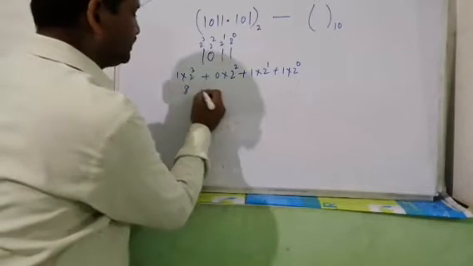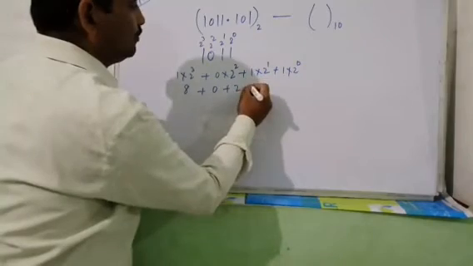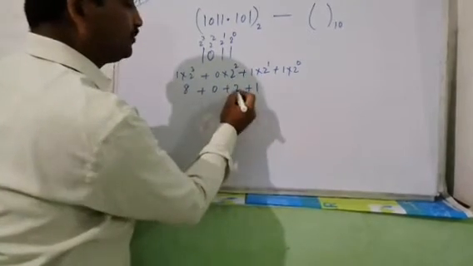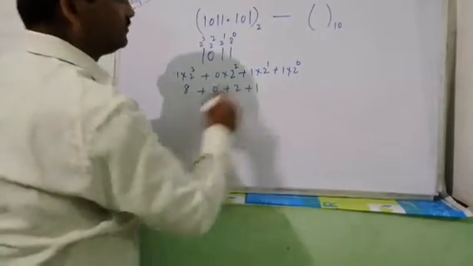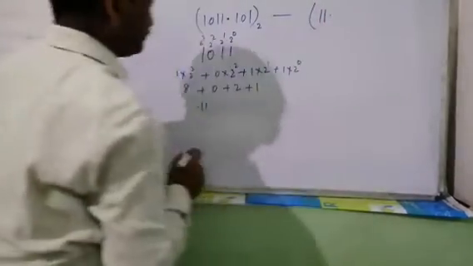So this will be 8 plus 0 plus 2 plus 1. So 8 plus 2 plus 1, 11. So this we have calculated as 11.